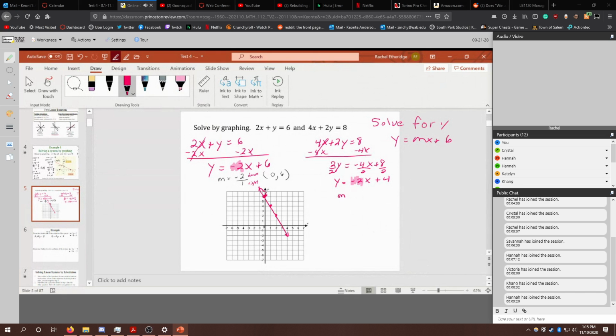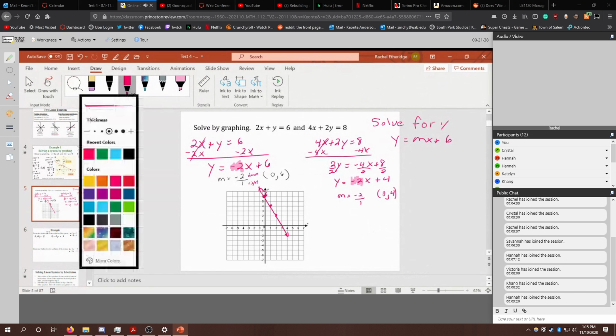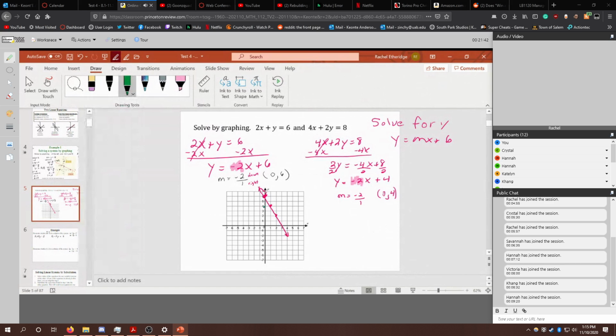This one has a slope of negative 2 over 1, and this one has a y-intercept of (0, 4). So I'm going to do it in a different color. I'm going to plot the y-intercept at (0, 4), and go down 2 to the right 1, down 2 to the right 1.